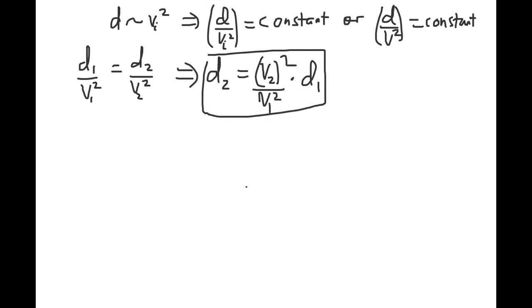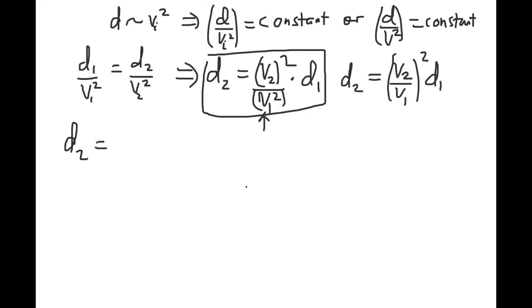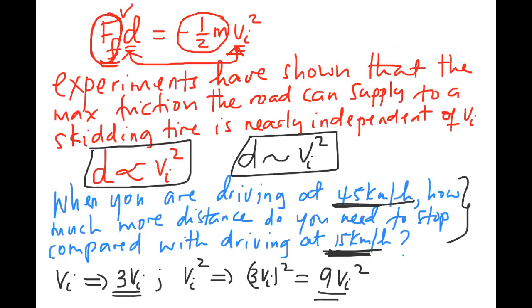And you can also say that D2 is equal to V2 over V1, then everything squared, then times D1. Now we know V2 over V1, because V2 was the velocity, 45 kilometers per hour, and V1 is 15 kilometers per hour.